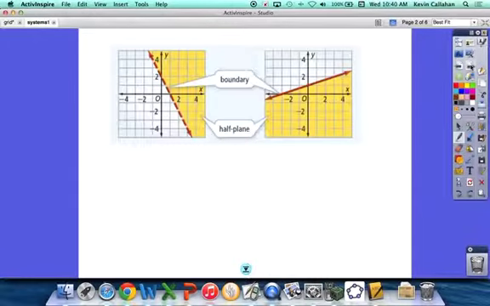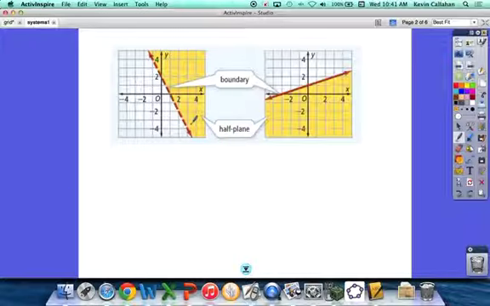Sorry. So remember, I don't know how far back to go, so I'm just going to go a little bit far back. When you graph an inequality, there are two things that you have to graph. One of them is going to be a line, and the other is you're going to shade one side of the line or the other. In this case, the boundaries are straight lines.